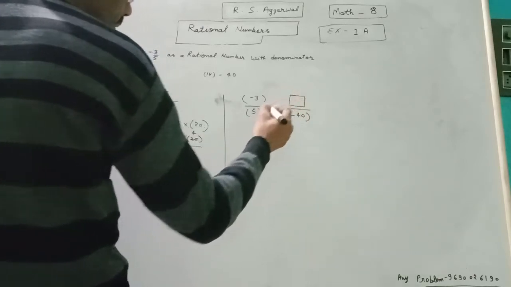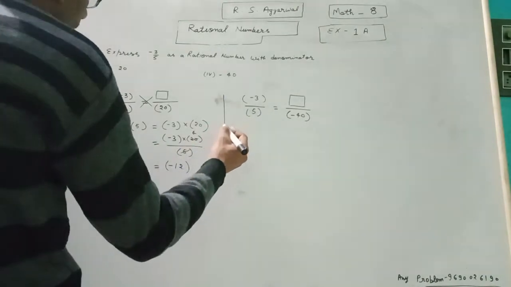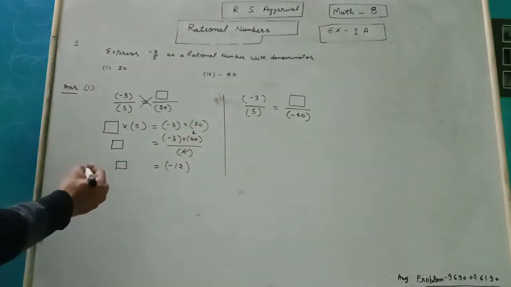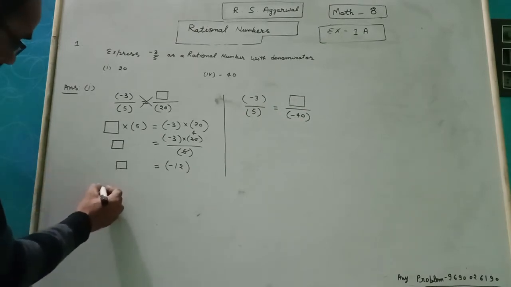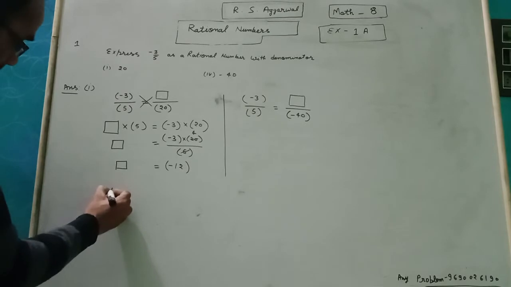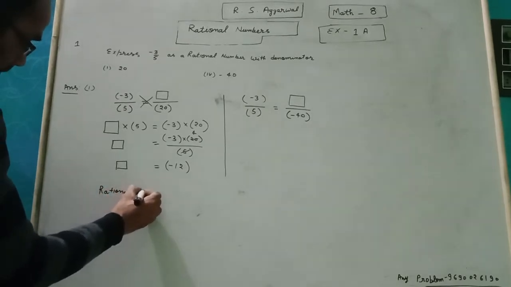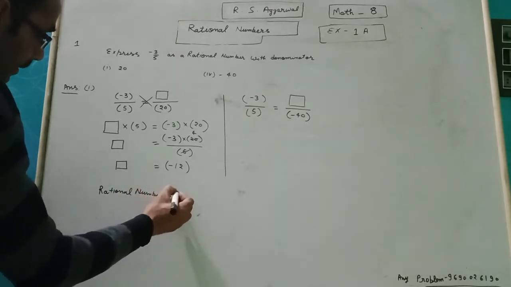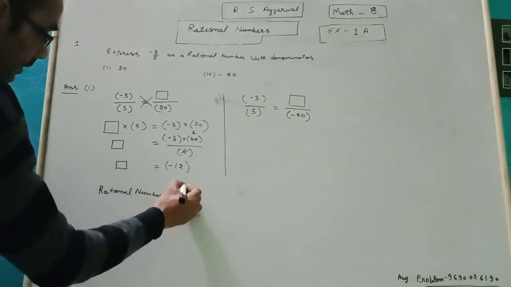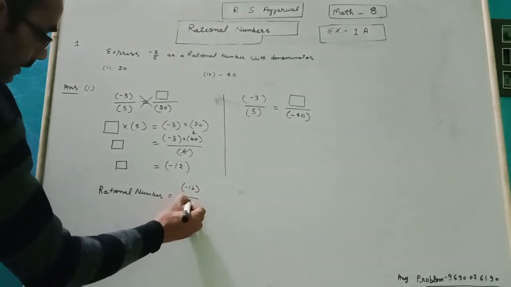Numerator make the box. The rational number will be -12/20.